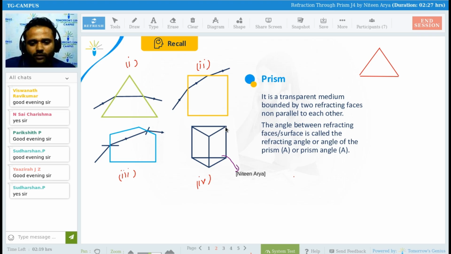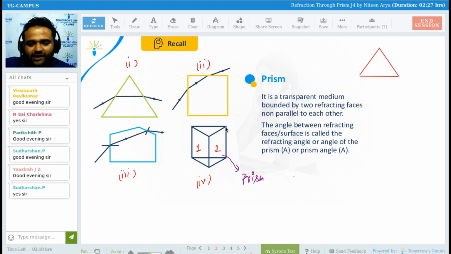We have three surfaces, and the refraction happens at two of them, this surface and this other surface. So a prism is a transparent material, an object or instrument, in which we get refraction twice.